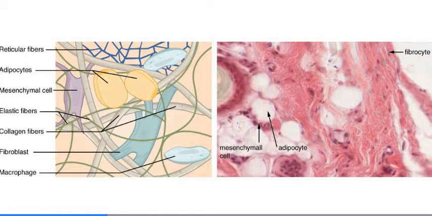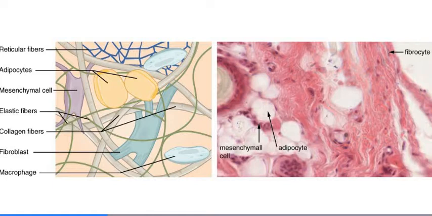And then in the spaces between these fibrous proteins, we find various types of cells. The main type of cell is the fibroblast. The fact that the name of that ends with blast refers to the fact that it is a stem cell type of cell. And fibro is referring to the fact that it's responsible for making most of these fibers, like collagen. The other cells that we see here, there are adipocytes, which are fat cells. A macrophage is a type of white blood cell.